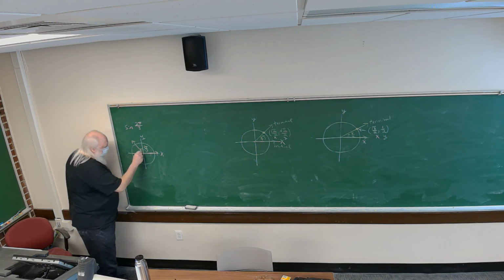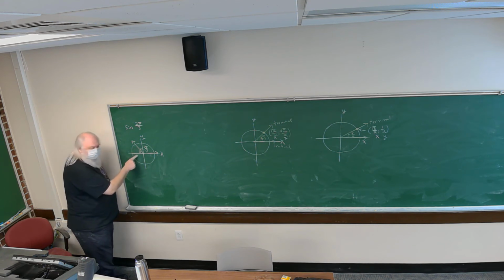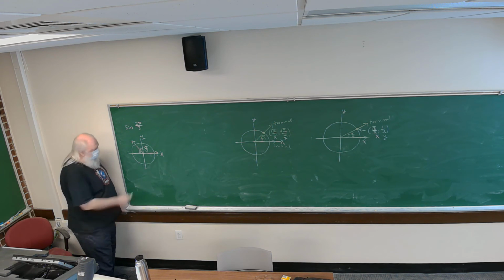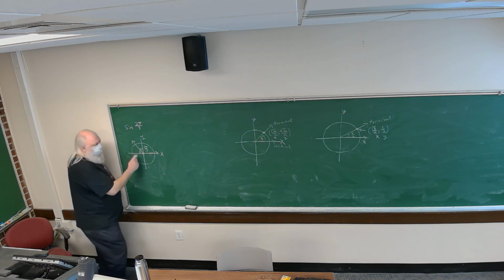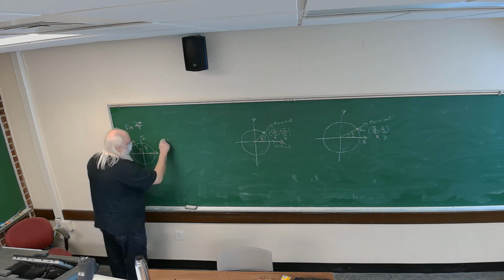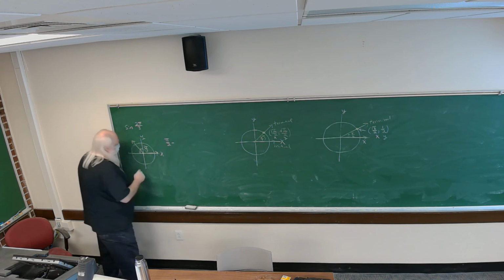So then you have to ask yourself, what's this acute angle between the terminal side and the negative x-axis? Well, one half rotation is pi over 2 radians. The angle between the positive x-axis and the negative x-axis is pi over 2 radians. We subtract 2 pi over 3 from it.